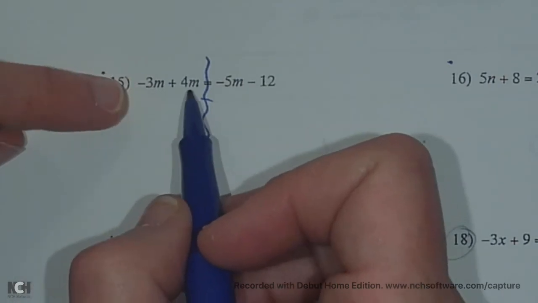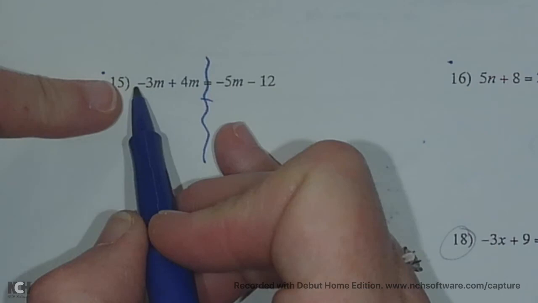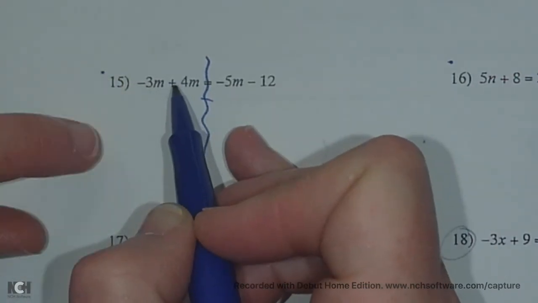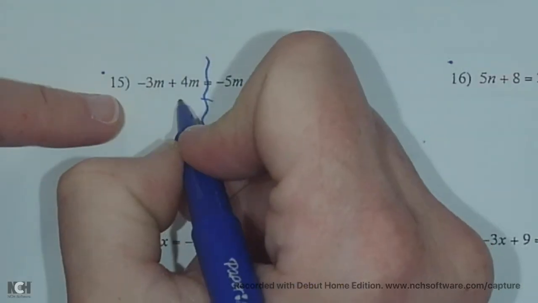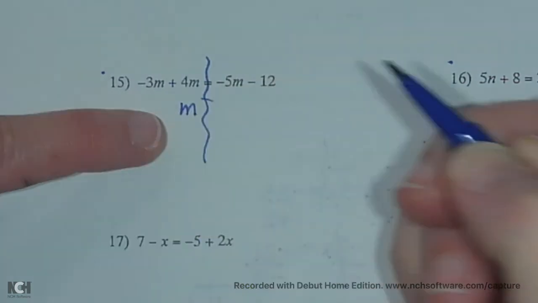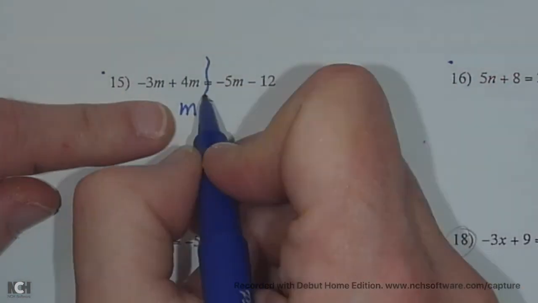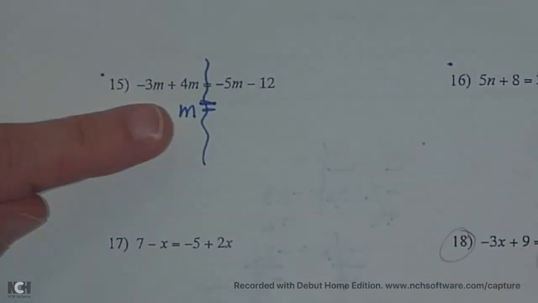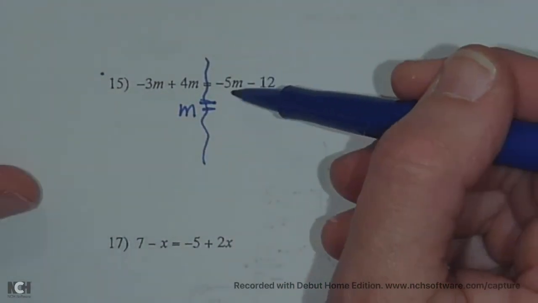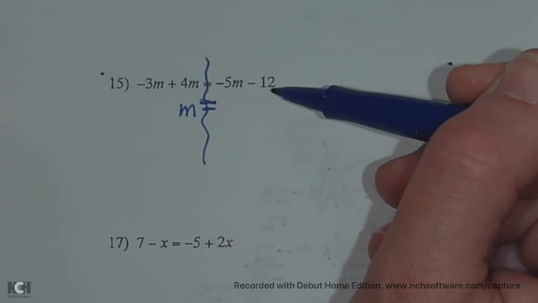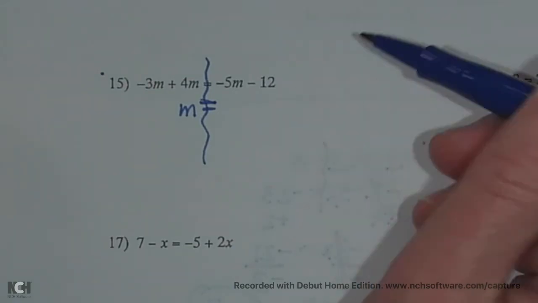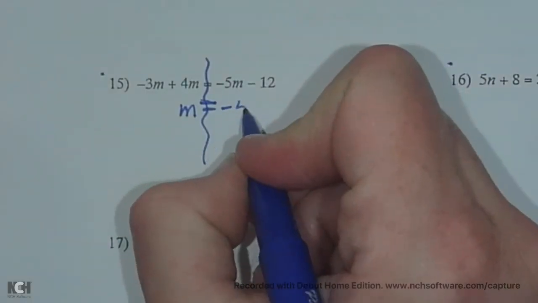So let's go ahead and do that. What is negative 3 plus 4? Well, that's just going to equal 1. So we're going to be left with 1m over here, and I'm just going to write it m. So m is the same thing as 1m. And that's equal to, is there anything I can combine like terms-wise over here with the negative 5m and the negative 12? Nope, I can't combine anything, so let's just bring it all down.